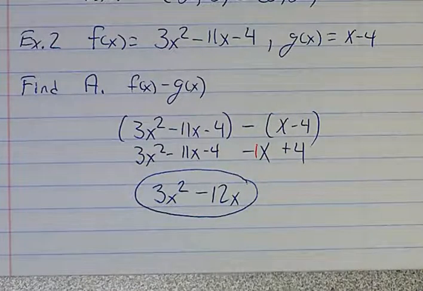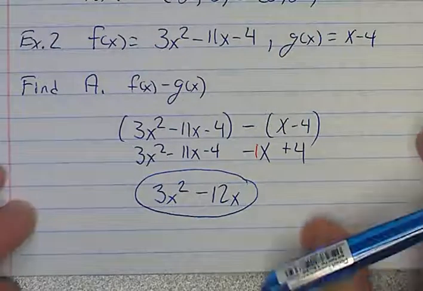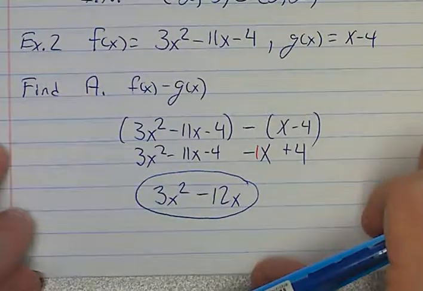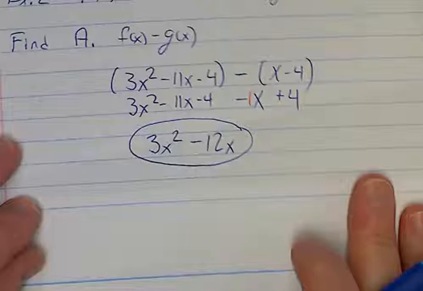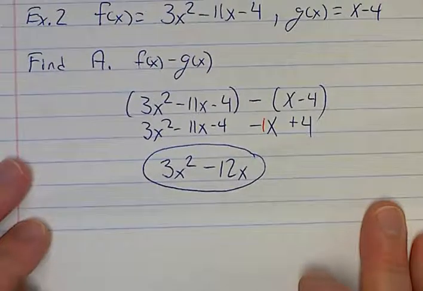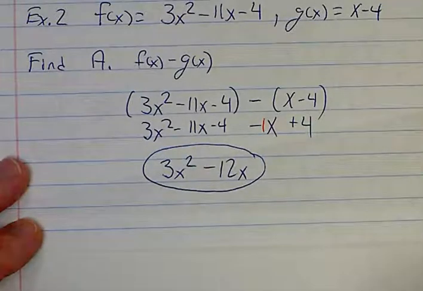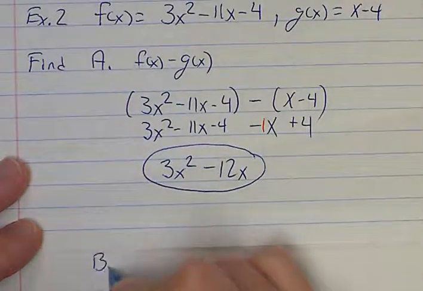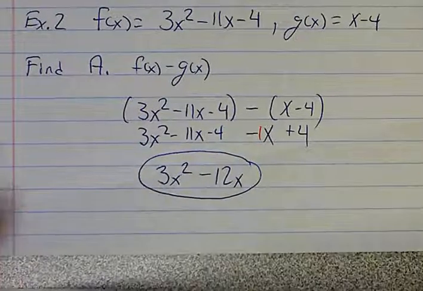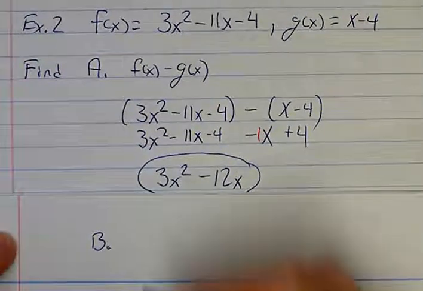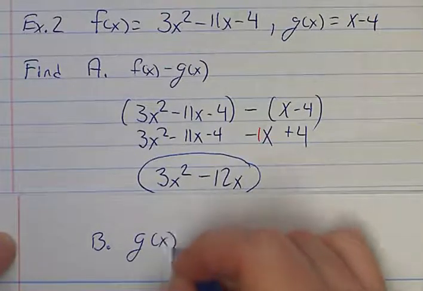Now, they may not always ask for the same two functions in the same order. We could do a part B on this one, where we're going to change up the order. So in part A, we were taking f of x minus g of x. We could take the same problem, and for part B, this time we're going to do g of x minus f of x.